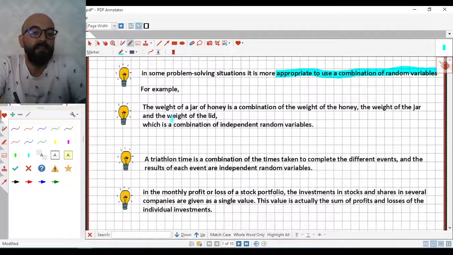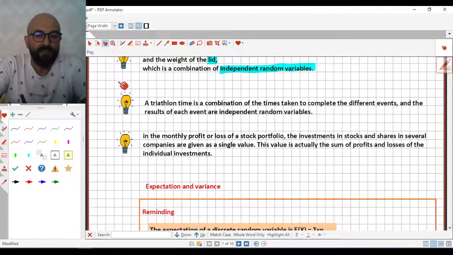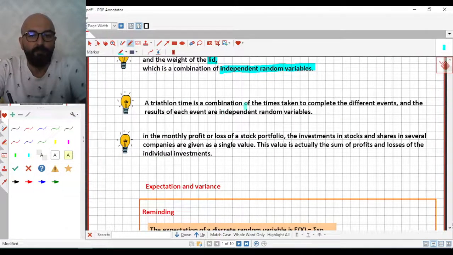For example, the weight of a jar of honey is a combination of the weight of the honey, the weight of the jar, and the weight of the lid, which are independent random variables. Another example, a triathlon time is a combination of the times taken to complete different events, and the results of each event are independent random variables.